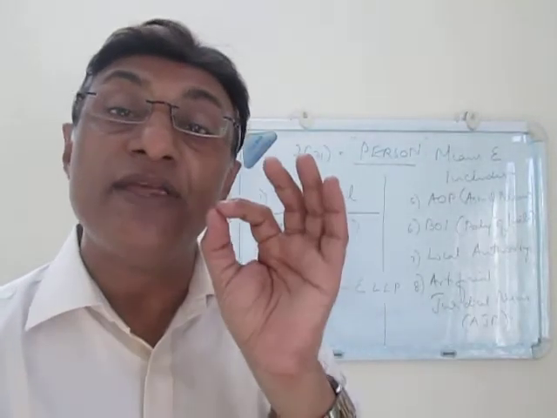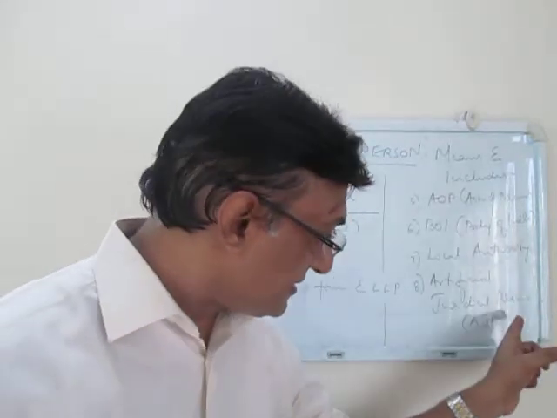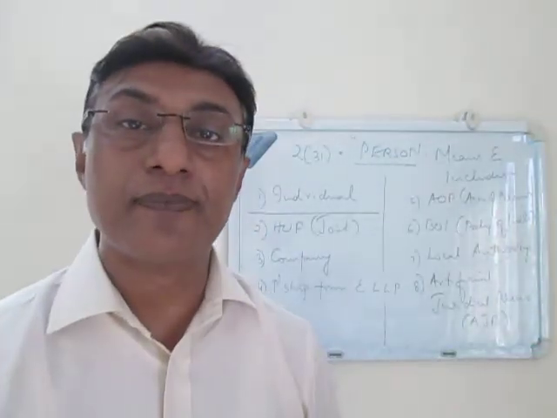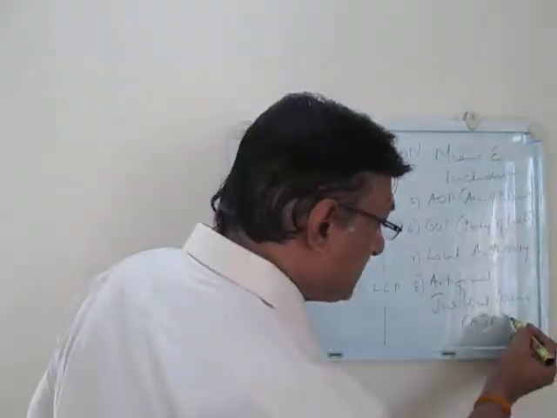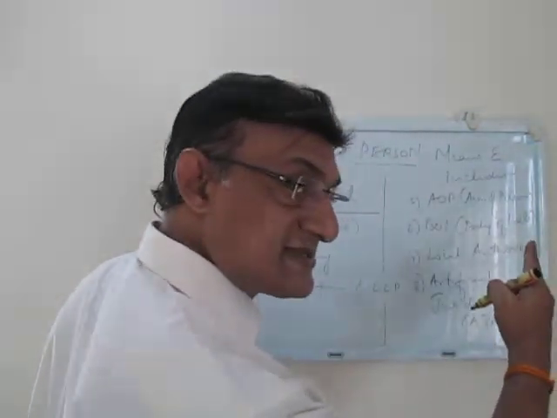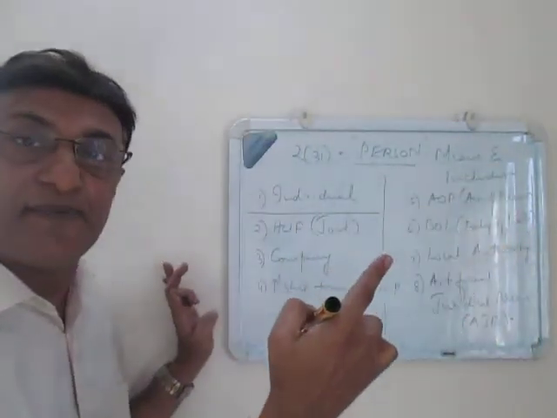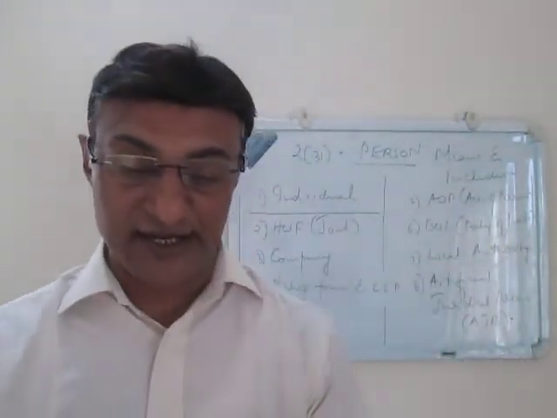And the most important, the ninth, as I said, the full stop. That full stop conveys a lot of meaning, stating that these and only these are persons under the Income Tax Act.